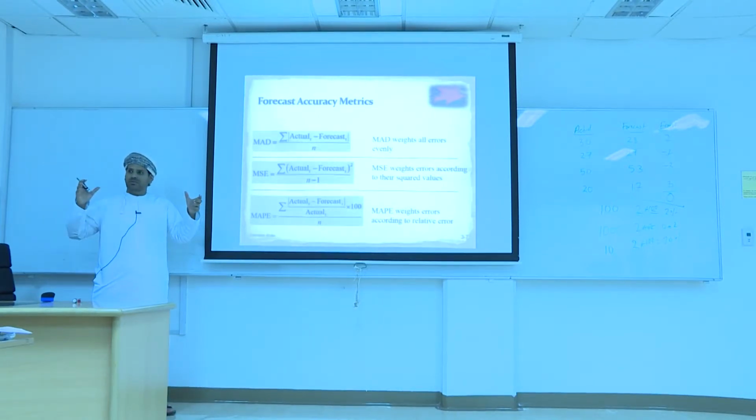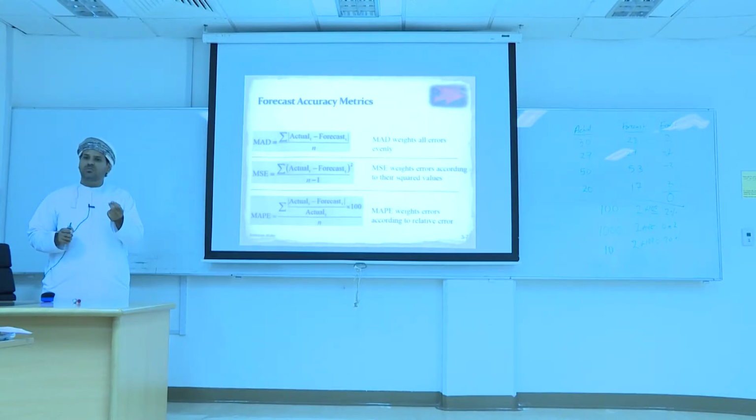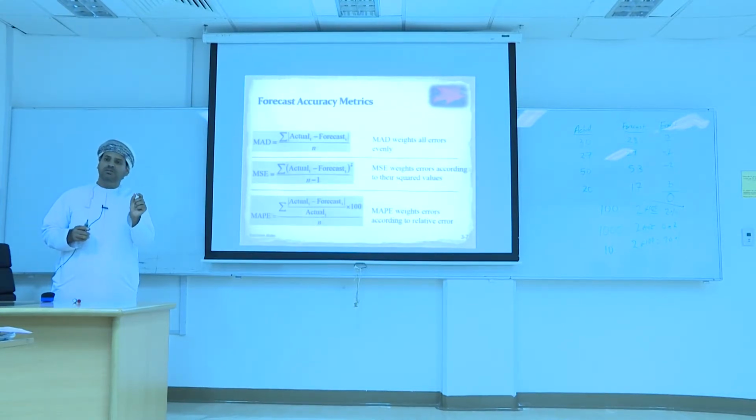So the error will actually be multiplied, as if you are putting it under a microscope and making the error larger and larger. That is good for critical data, where the difference, although small, has a very high cost. For example, the differences between actual blood requirements and your forecast.